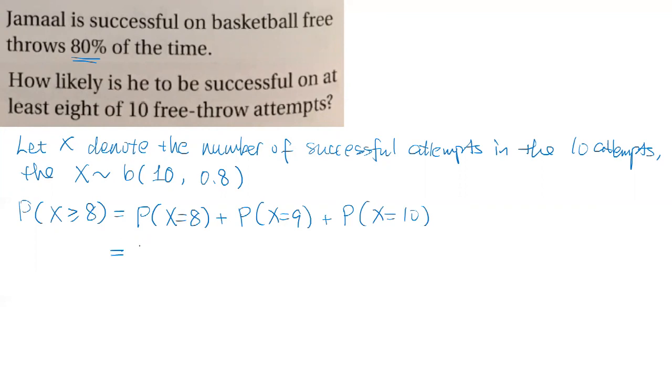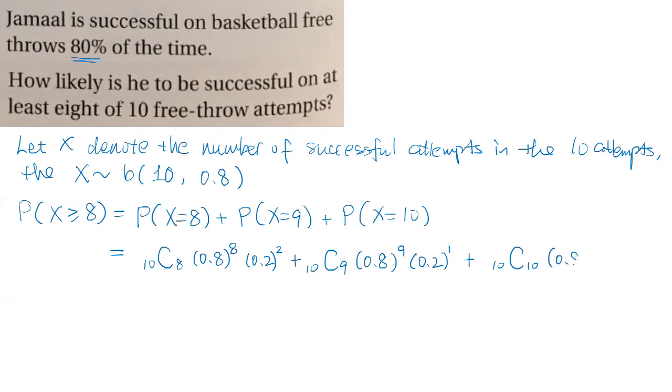Which is C10 8, 0.8 8 times, 0.2 2 times, plus C10 9, 0.8 9 times, 0.2 once, plus C10 10, 0.8 10 times, 0.2 0 times, right?